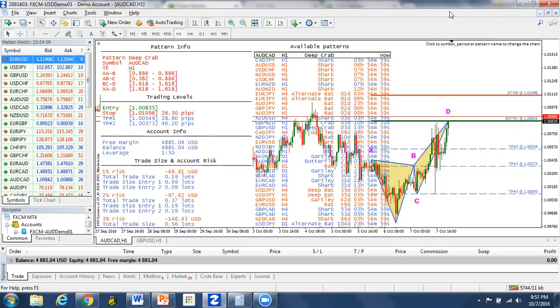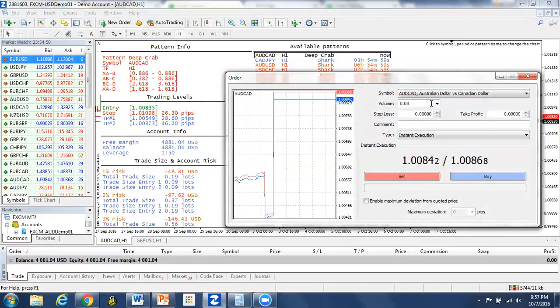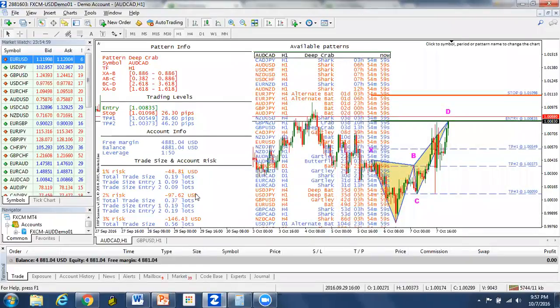But let me see here. Exactly. So pending orders. Well, first let me show you how to do a regular order. All you do is click on new order. Let me show you how to do it based on what the scanner says. Let's say this one right here, AUDCAD. Based on the size of this demo account, the lot size for 1% risk, based on where the stop loss is, would be 0.19. So do 0.19, new order.